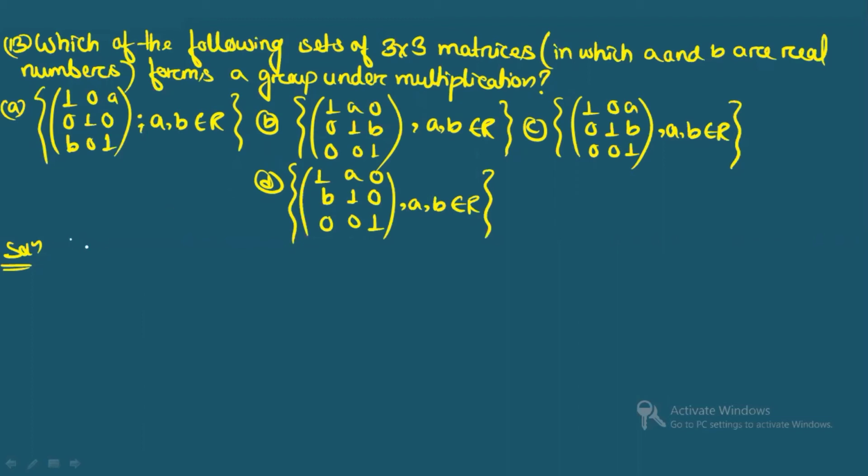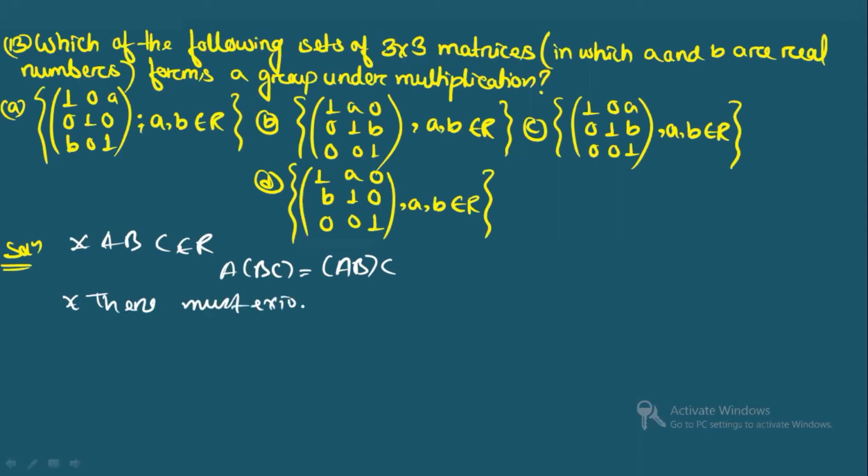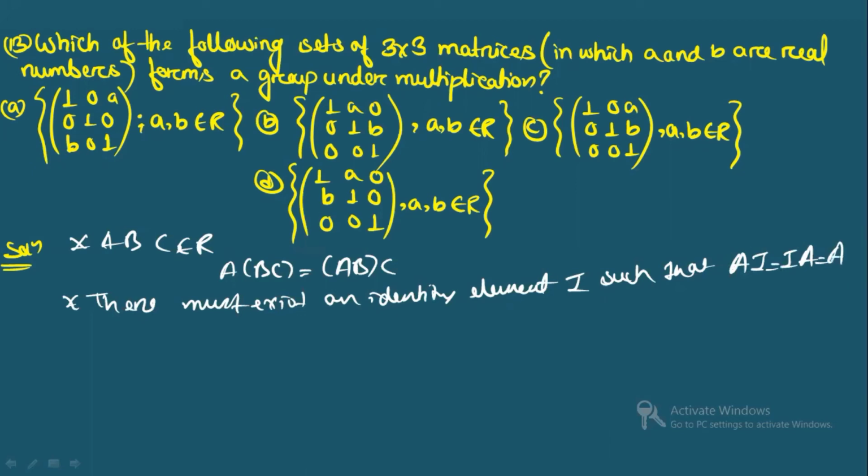The first condition is: for any 3 matrices A, B, and C belonging to a group, (AB)C is equal to A(BC). Second, there must exist an identity element I such that AI is equal to IA, which is equal to A.